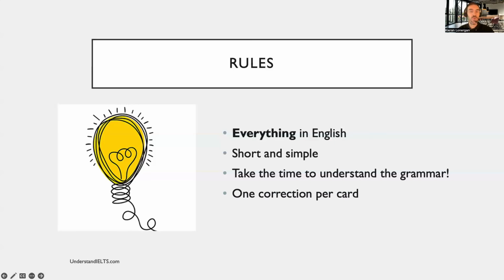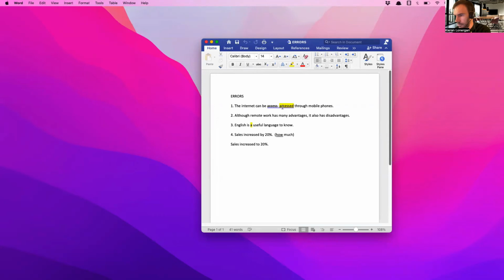And lastly, only one correction per card. So here is our document. Let's imagine that this sentence had 2 errors. The internet can be accessed through mobile phone.